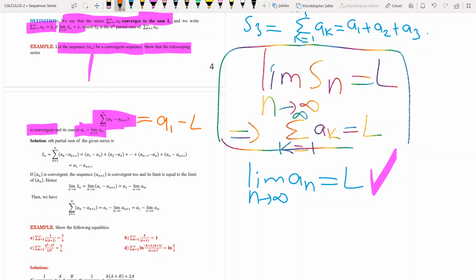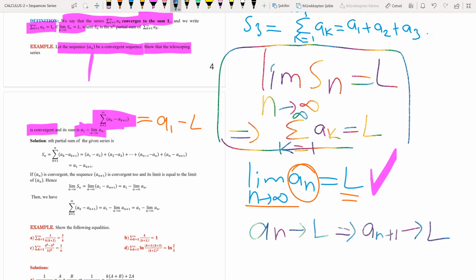And as I told you, since an is a convergent sequence, the limit of an must go to a number, let's say L. And another important result is that if an goes to a number L, then an plus 1 also converges to the same number when n tends to infinity. It is also another important result of the convergence of sequences.